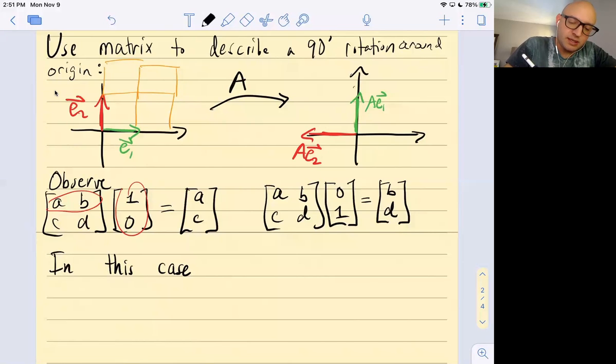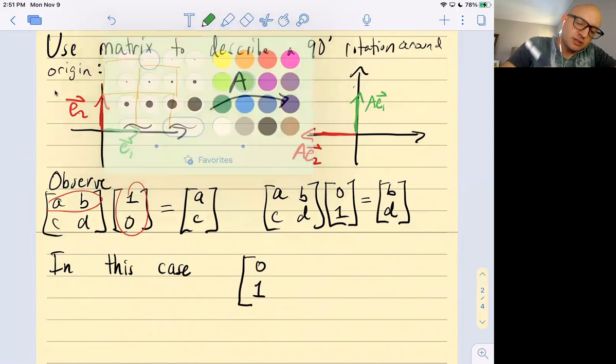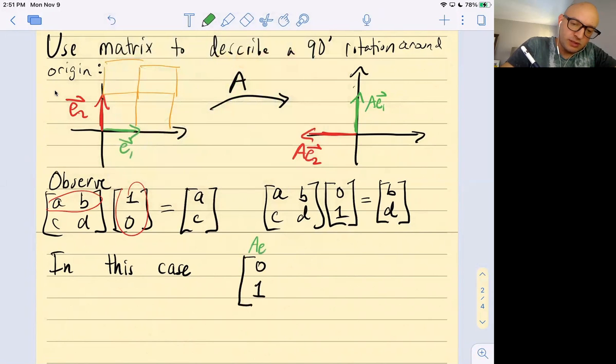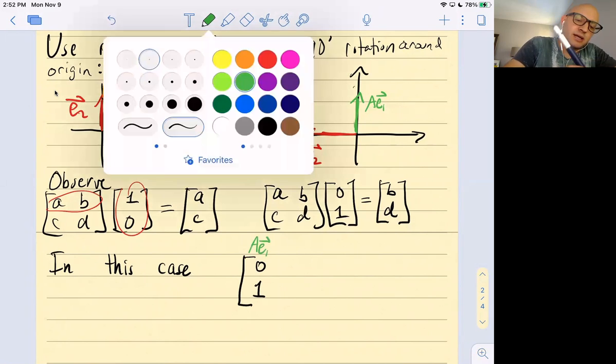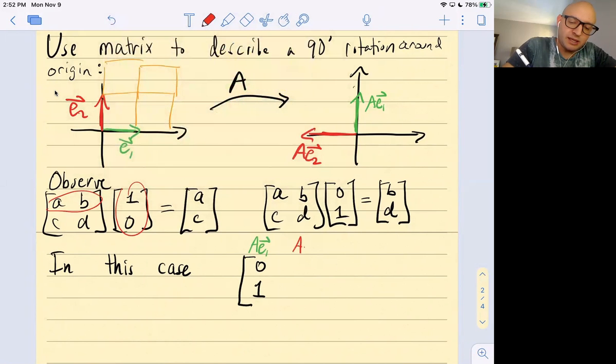We want the first column to be A E1, which would be 0, 1. Because I know where E1 goes to, I intentionally put that as my first column. And my second column will be A E2, where I want it to go.